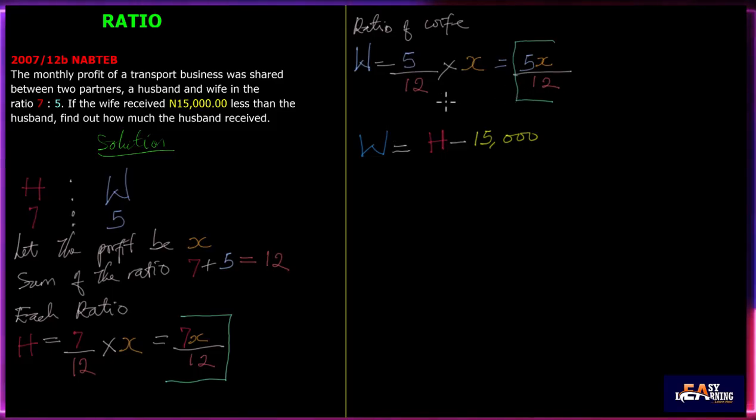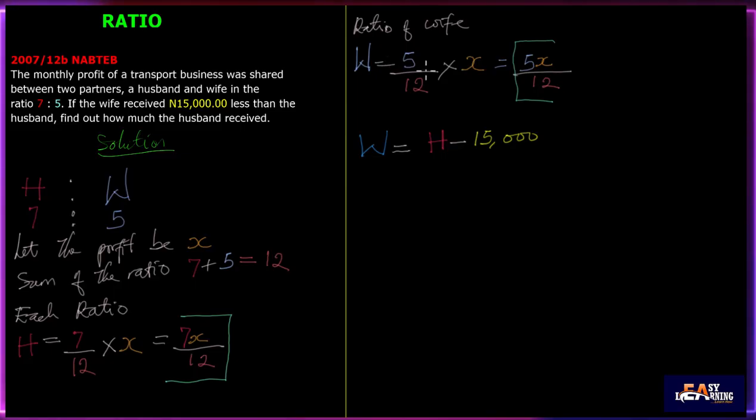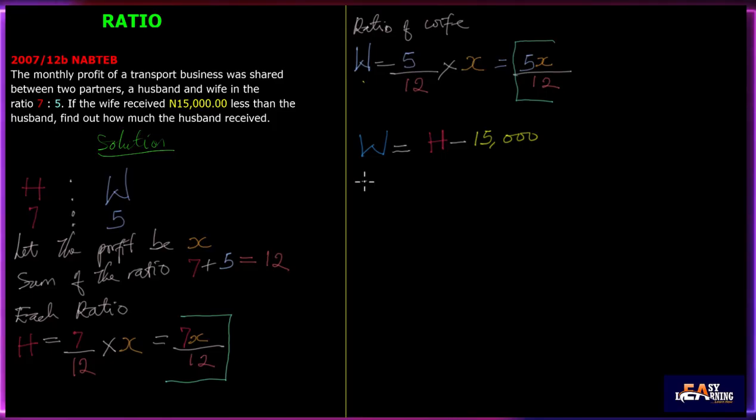Remember, we have X already. So simple, what we are going to do will be for us to bring down the value for this W and then bring down the value for this H. In this case, W is equal to 5x over 12.